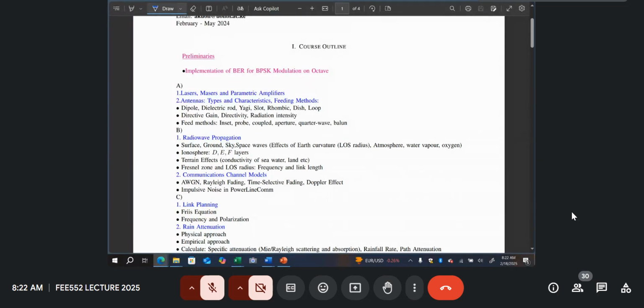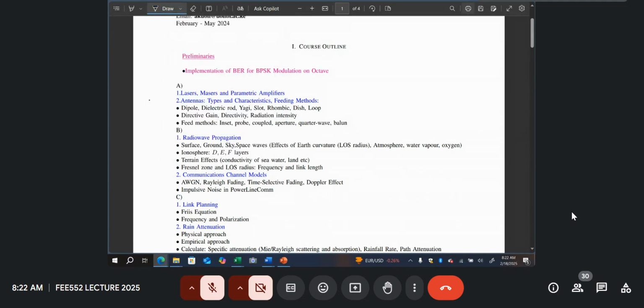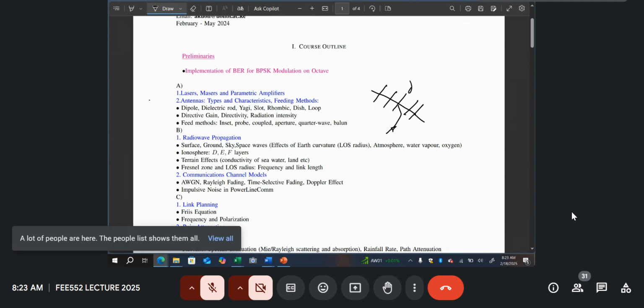Let me see if I can draw. You have seen that kind of antenna. So the signal is fed into one of the dipoles here.